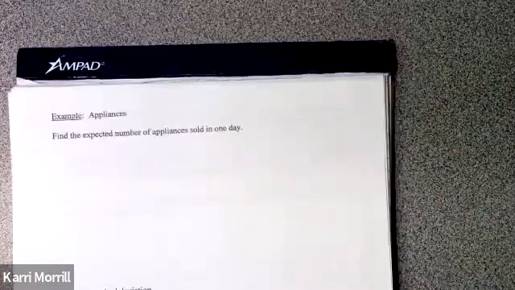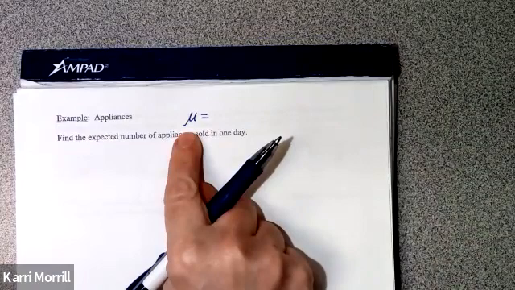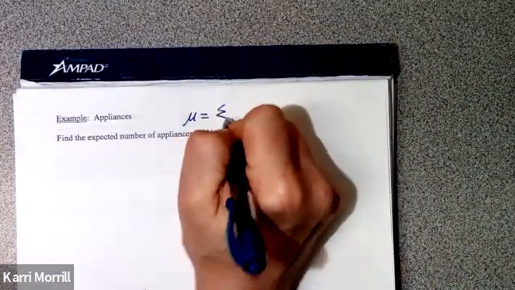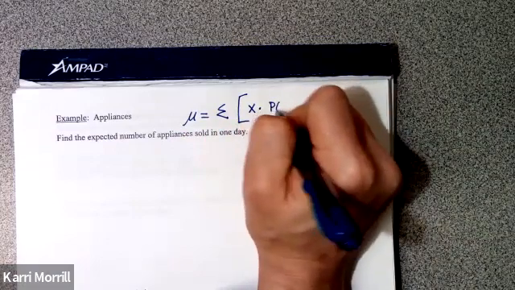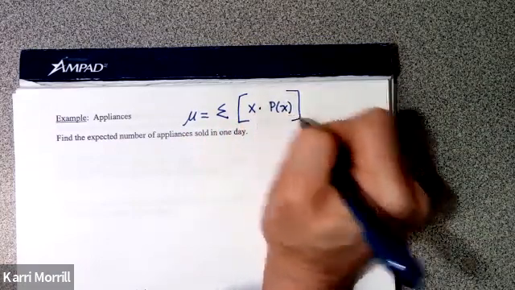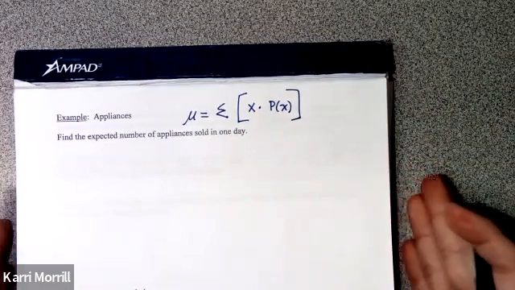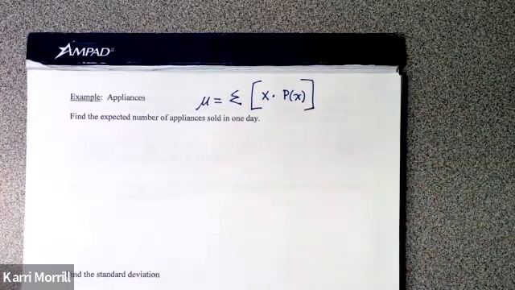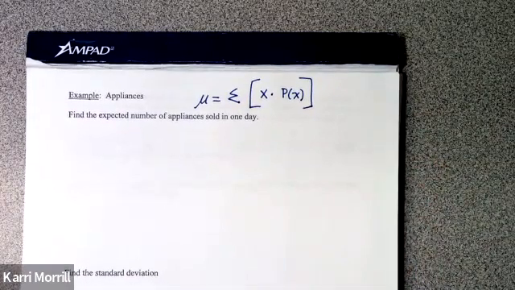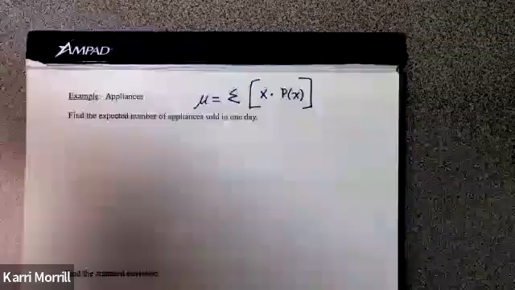So appliances, we're going to be using our mu equals the sum of your X times the probability of X, so that frequency that you found. We'll have to find the frequency. So it says here, find the expected number of appliances sold in one day. We're still dealing with that same chart. All of these values are still coming from here.